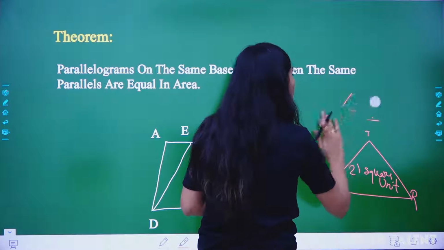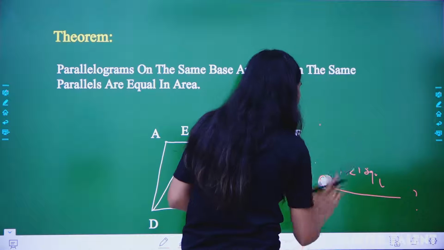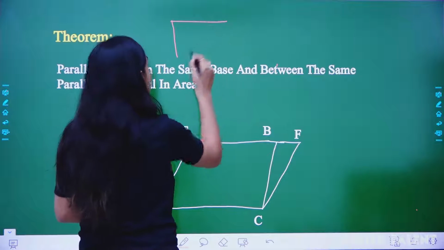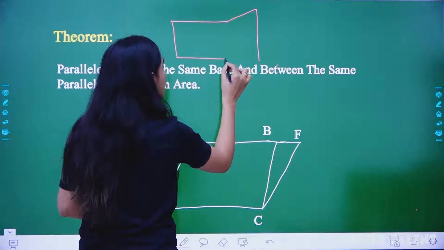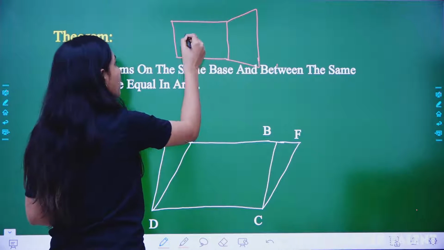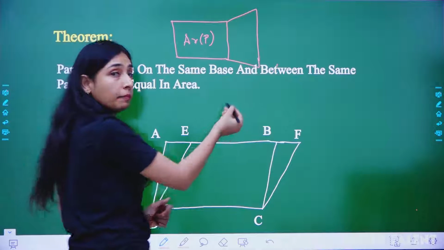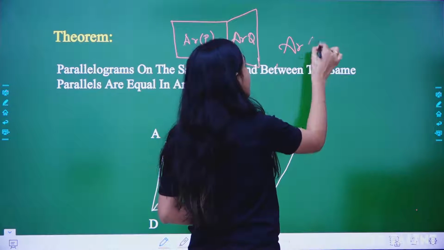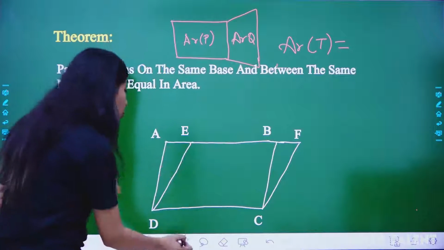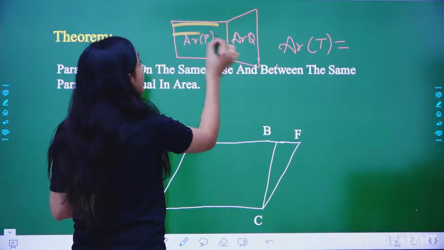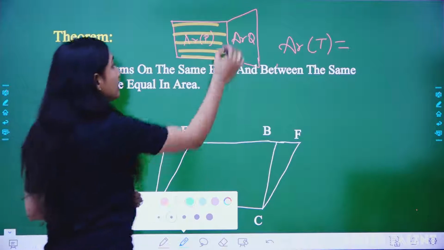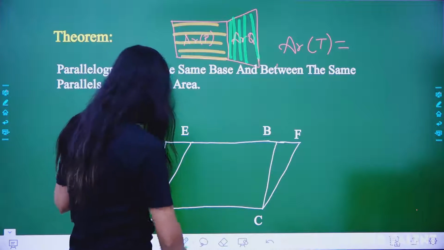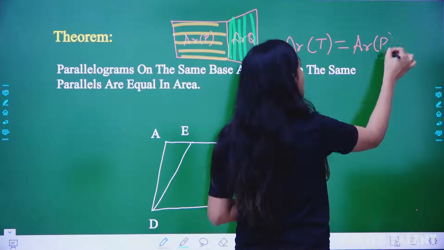Now the second thing about area: if we have a complicated figure like this one, it is made up of area P and area Q, and let's suppose the total area is area T. Then area T is the area of two non-overlapping parts. If P and Q have no common area, only in that condition will area T be equal to area P plus area Q.